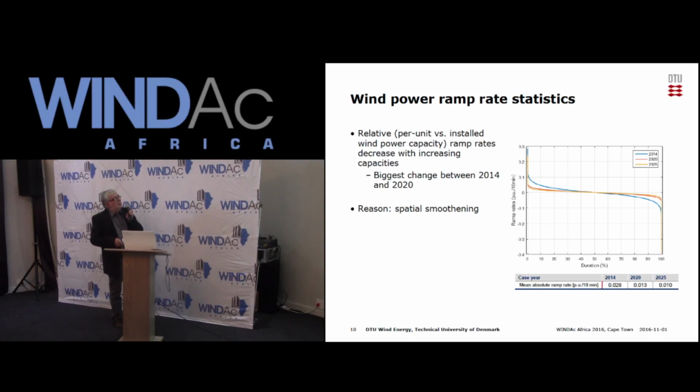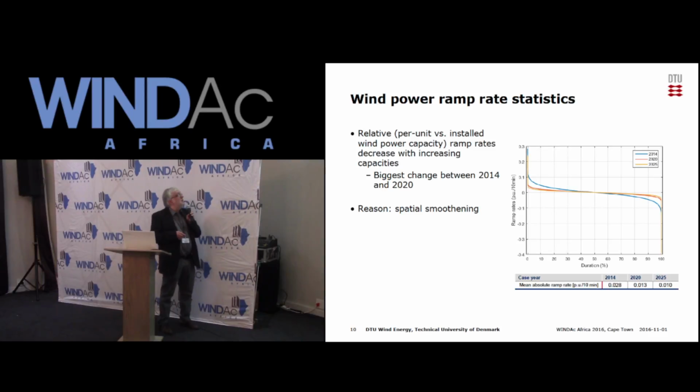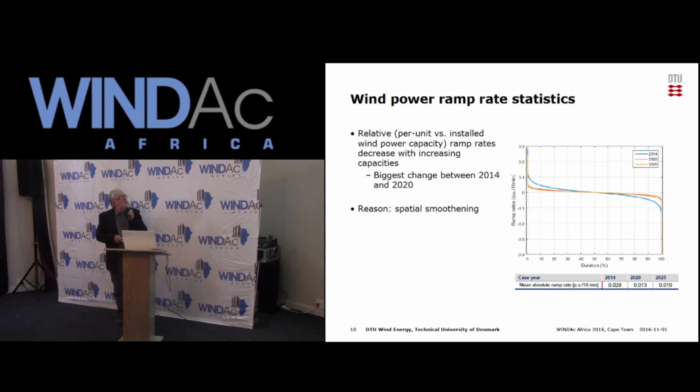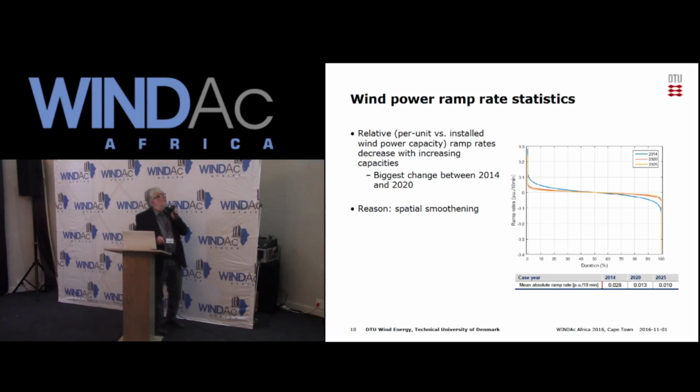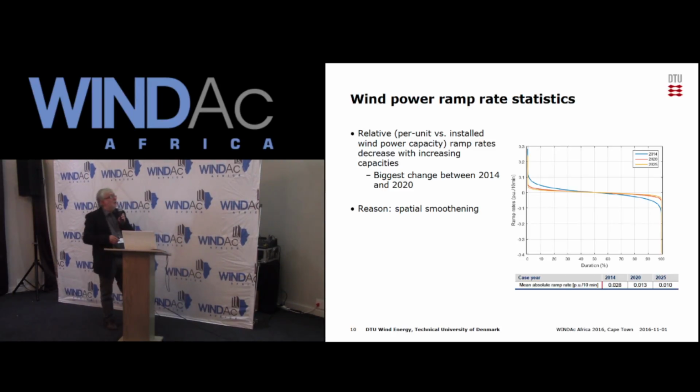So what happens is that you can see the more wind we install, the relative ramp rates are decreasing, and this is simply because of the spatial smoothing effect, which is particularly big from 14 to 20, but there's also something from 2020 to 25. It's because the smoothing somehow saturates when you get more installed.